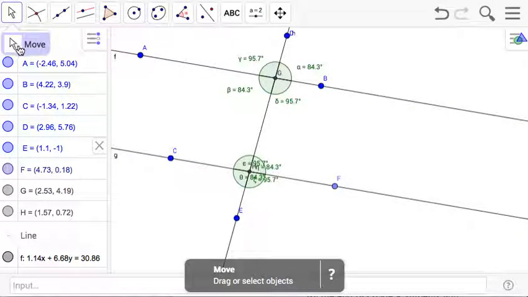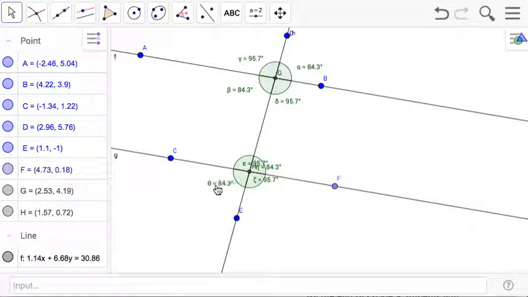And I'll just move them so that you can see the angles.